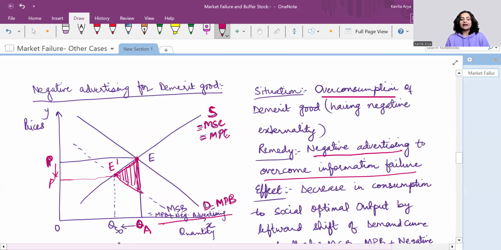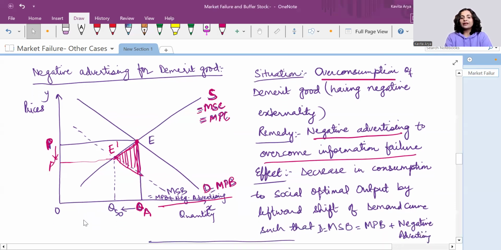So the socially desired level of optimal output is this one, SO. Right. So this is how, by advertising it in a proper manner, clearly giving the bad effects of this consumption on the society, we can simply curb the consumption of these demerit goods in the society.